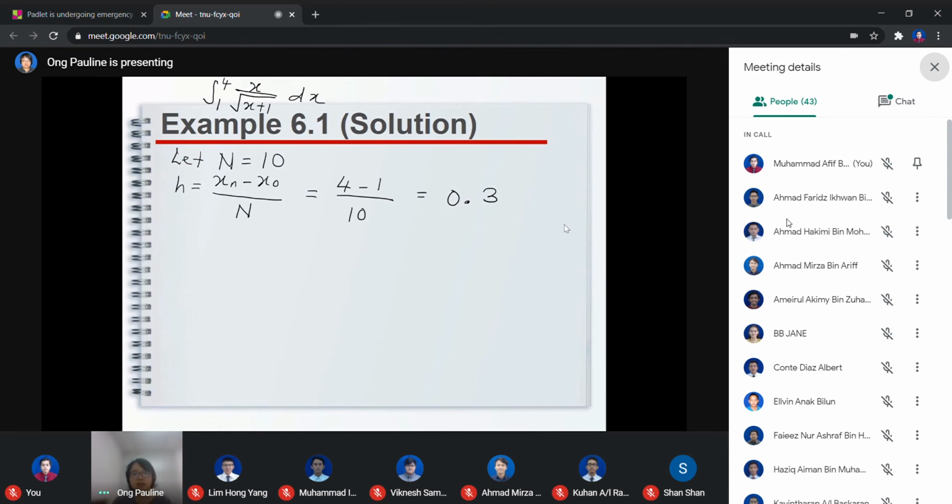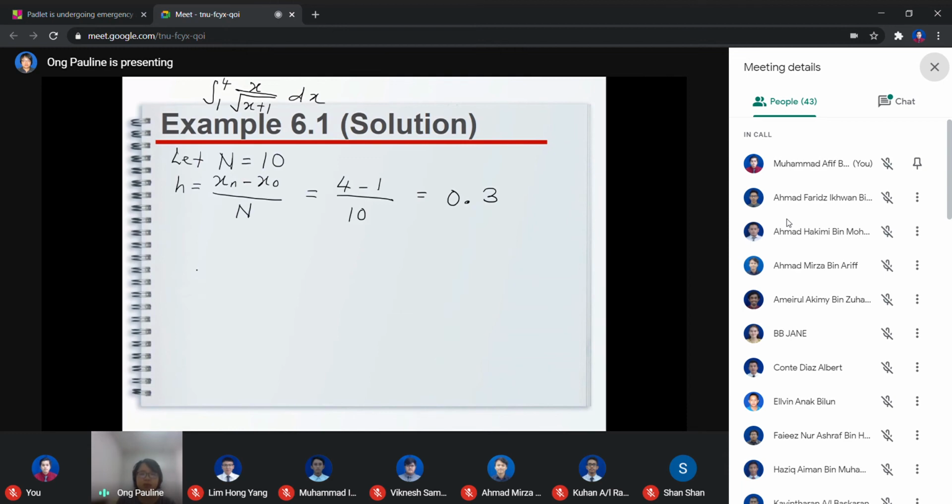Right. So let us try to solve this by using the trapezoidal rule. For the trapezoidal rule, this is what we require, right?